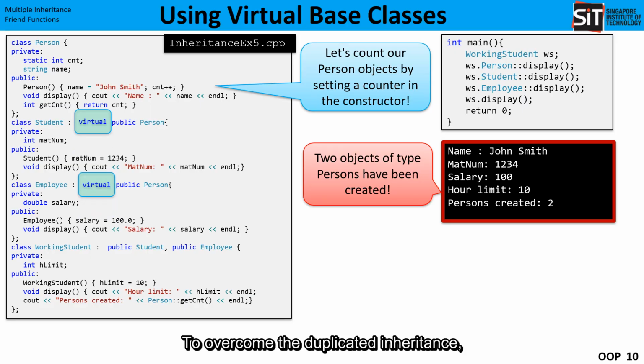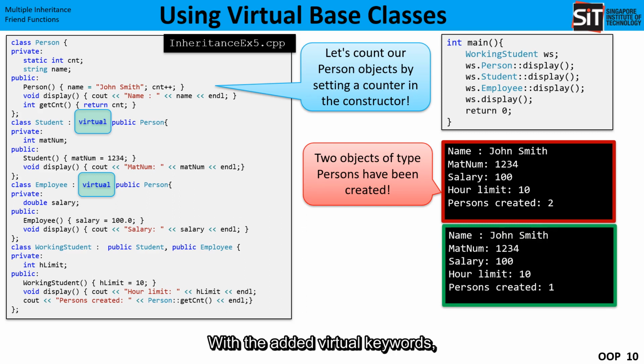To overcome the duplicated inheritance, we use the keyword virtual. We add the keyword virtual before the public inheritance for person in the student class, and also before the public inheritance for person in the employee class.